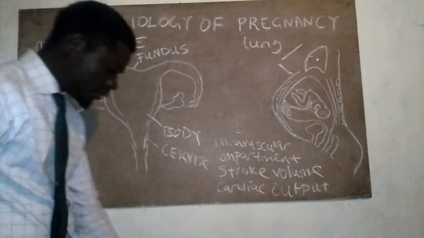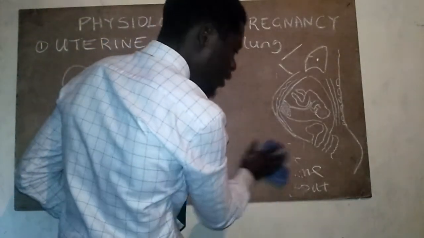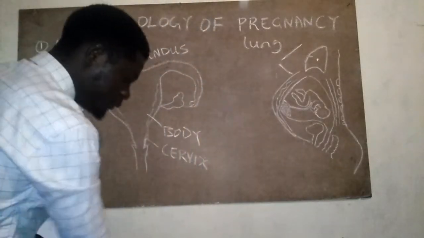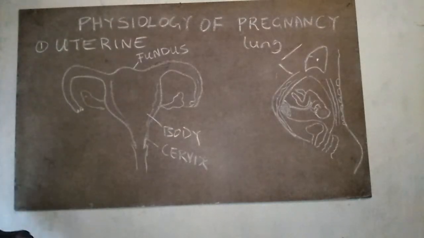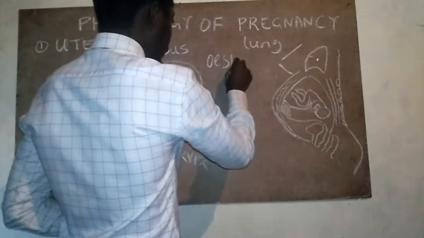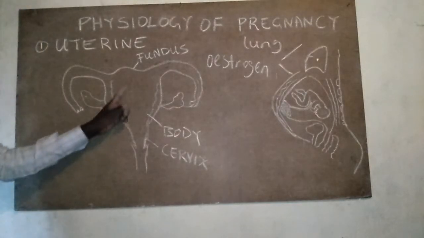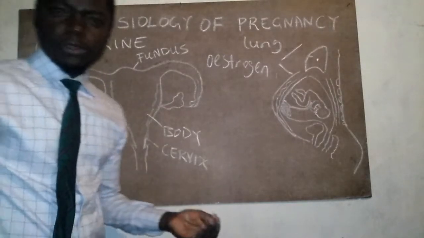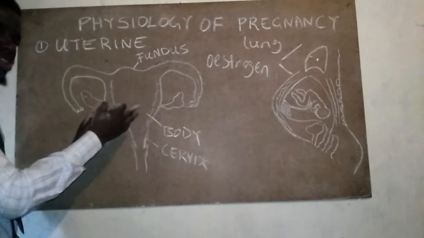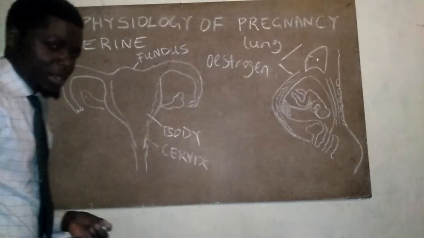Now, at the start of pregnancy, hormones are going to be secreted, and one of the hormones secreted is estrogen. And what does estrogen do to the uterus? Well, we know that estrogen is going to stimulate growth of the uterine muscles, growth of the uterine tissue, growth of the cervical tissues in preparation for labor.